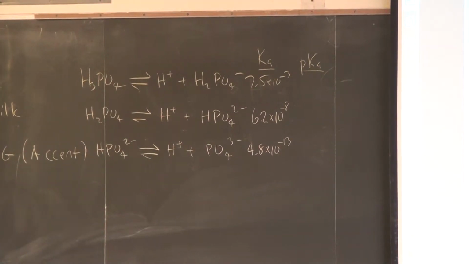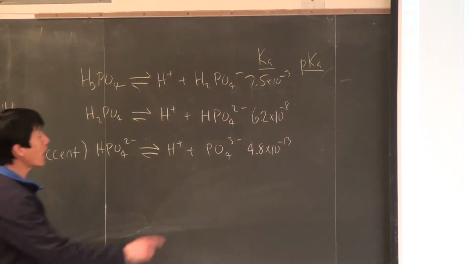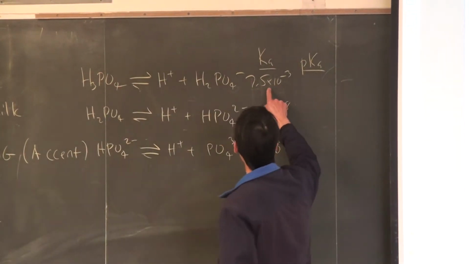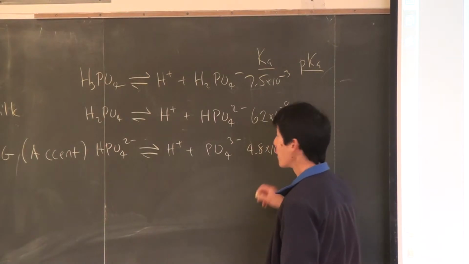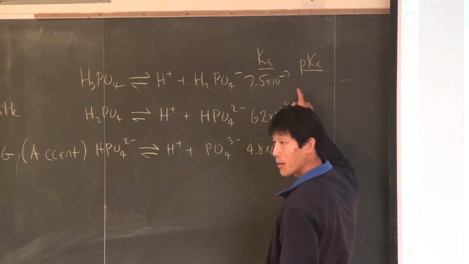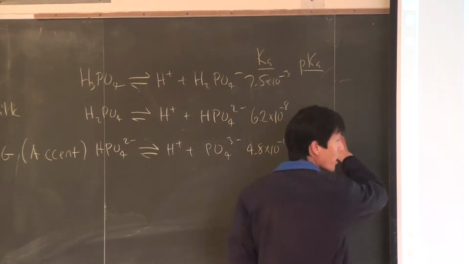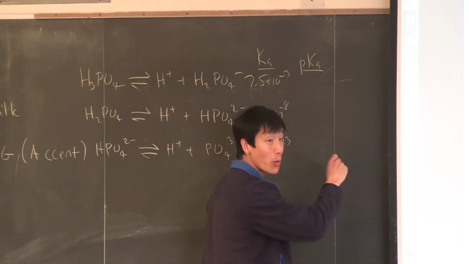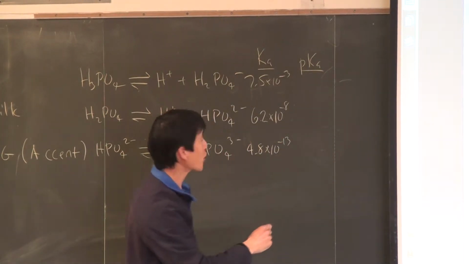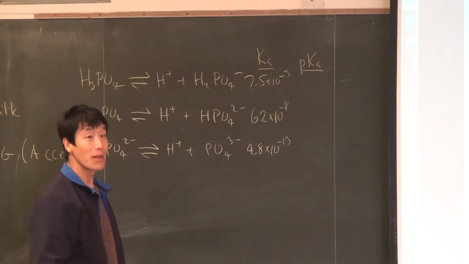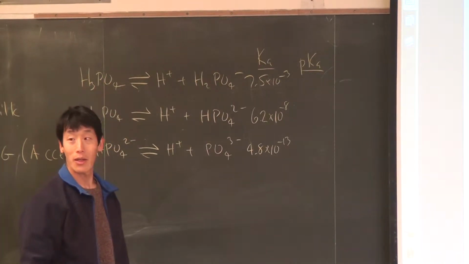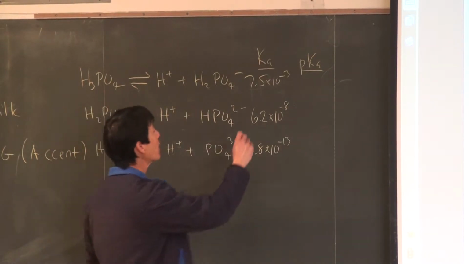Okay, so the pKa, and we'll call this one pKa1, which corresponds to this Ka is equal to 1.12? Are you sure? I'll double check. I think it's 2 point something. 2.12, okay.